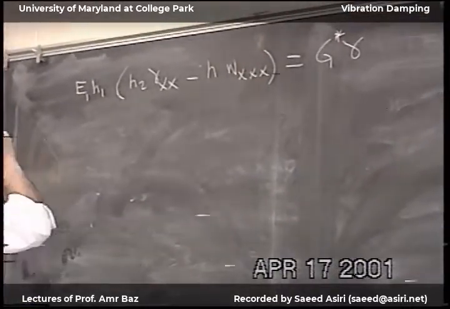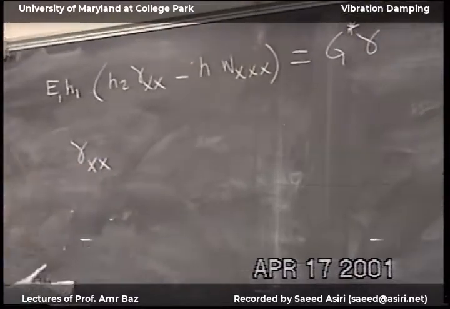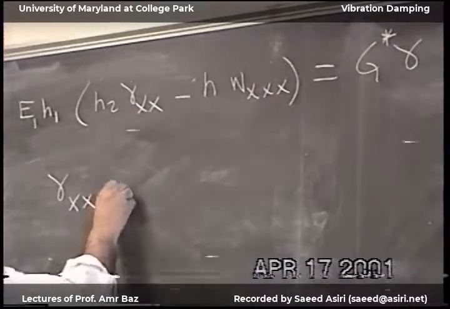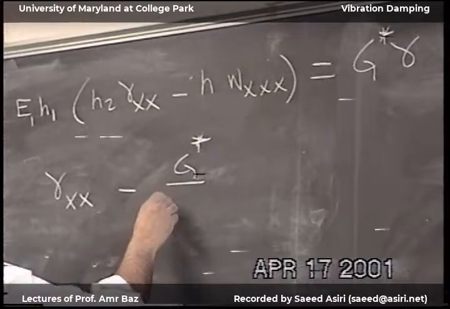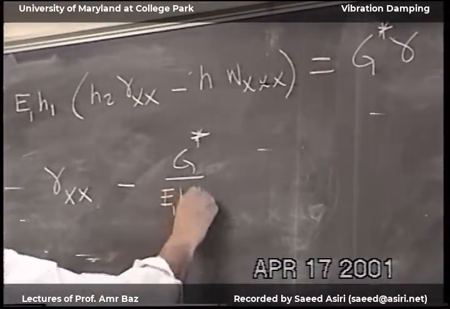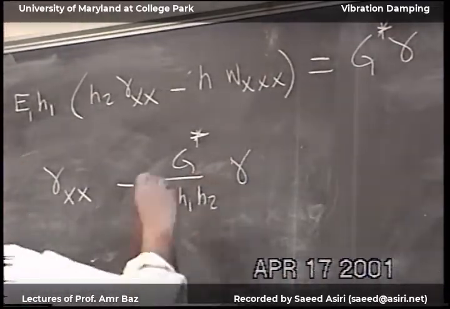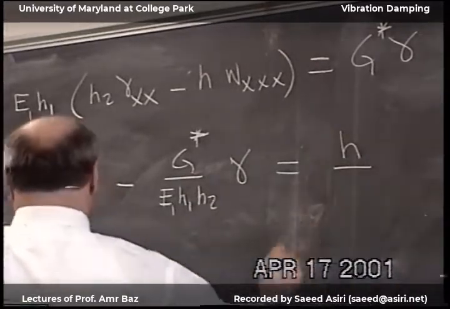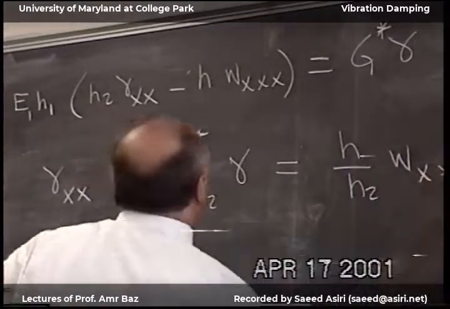And then we clean this equation, we'll have gamma xx will equal to minus g E1, H1, H2, and then gamma will equal to H over H2, W1, 2, 3.